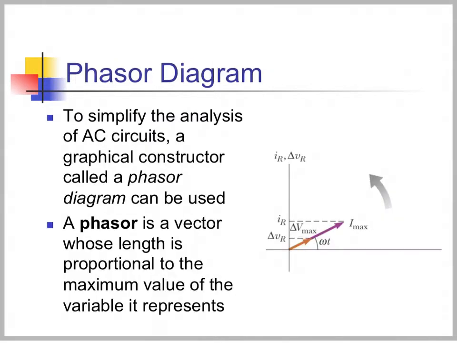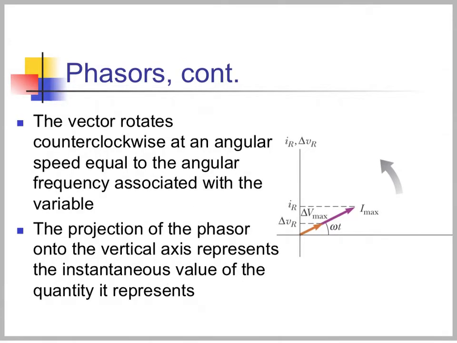Now, one of the things we can do in an AC circuit analysis is use something called phasors. A phasor diagram can help us understand what's going on. A phasor is a vector whose length is proportional to the maximum value it represents. That vector then rotates counterclockwise at an angular speed equal to the angular frequency associated with the variable.